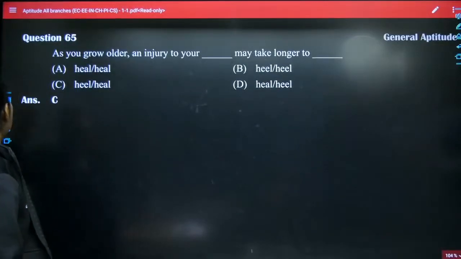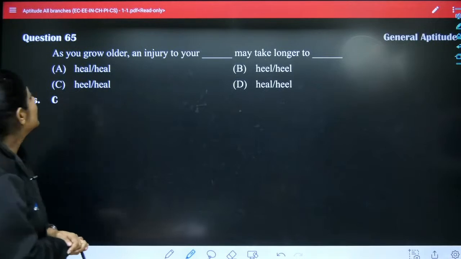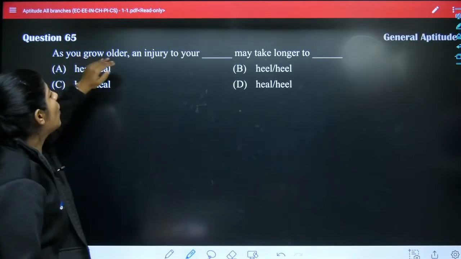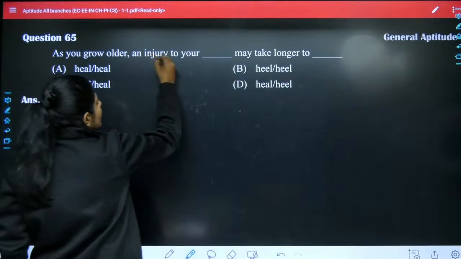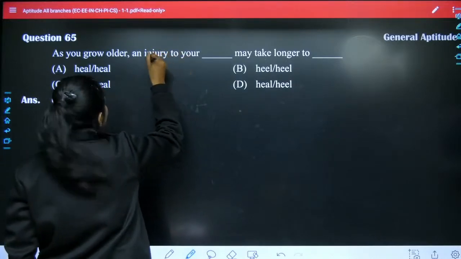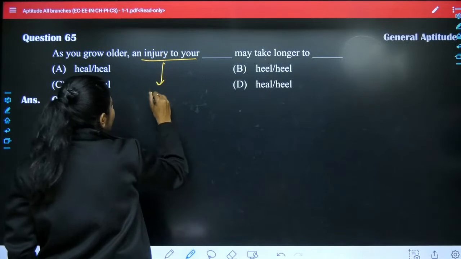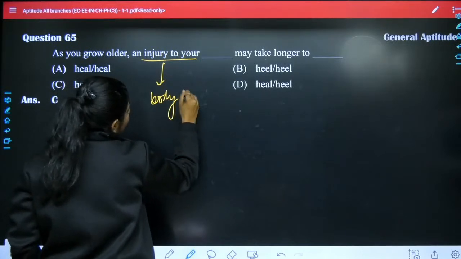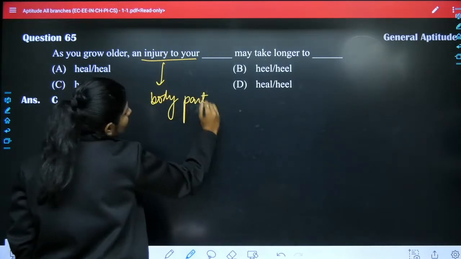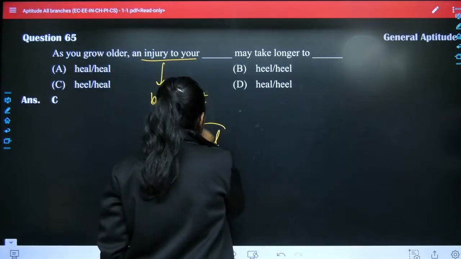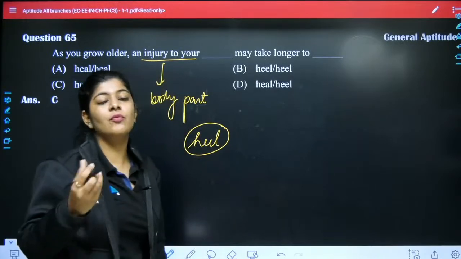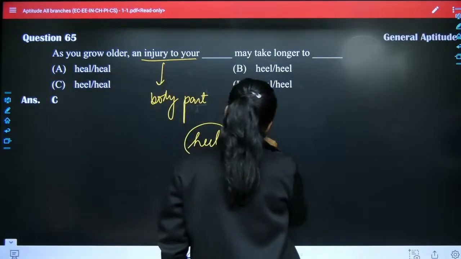Here we have a question from verbal ability. As you grow older, an injury to your, now for this injury we need a body part, right? Heel is the back side of your foot.